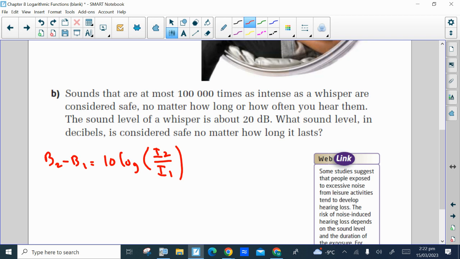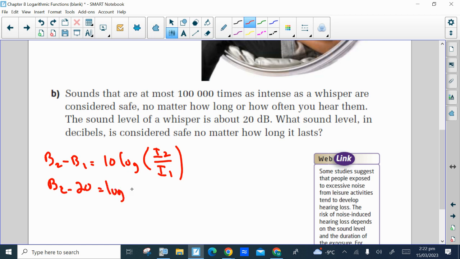Now, in this case here, you want to know what sound level, so you want to know what B sub 2 is, such that it is 100,000 times as intense as the sound level of a whisper, which is 20 decibels. B sub 1 will be 20 decibels.